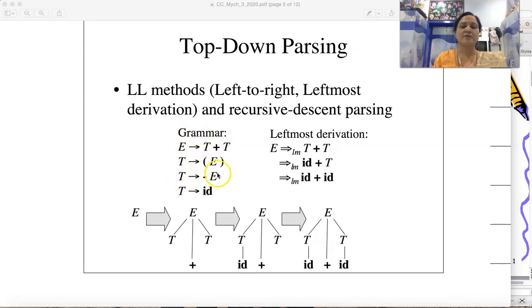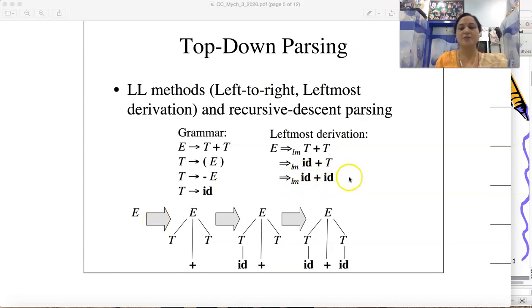Suppose there is a grammar given to us: E tends to T plus T, T tends to E enclosed in brackets, T tends to minus E, and T tends to ID. Suppose the input string to be parsed is ID plus ID. Here LM stands for use of leftmost derivation. See how the top-down parse tree is generated.